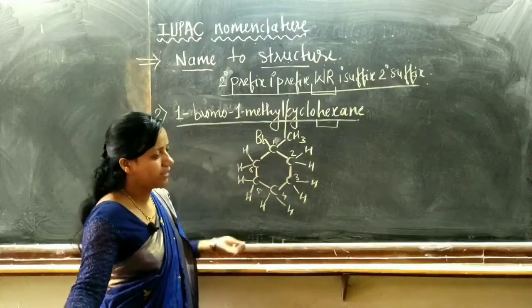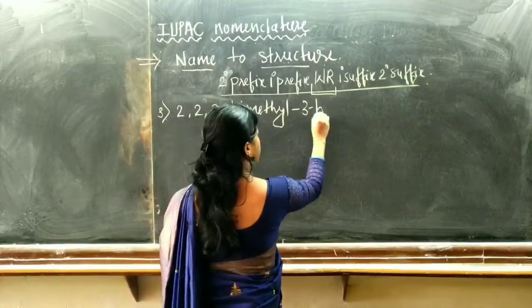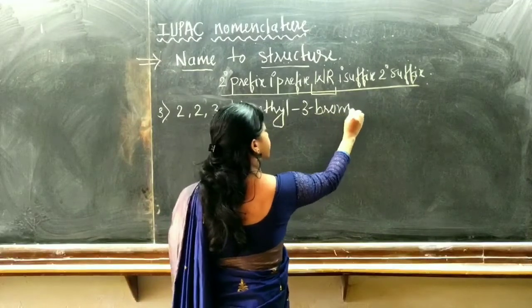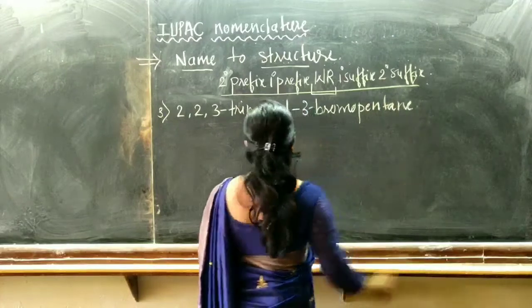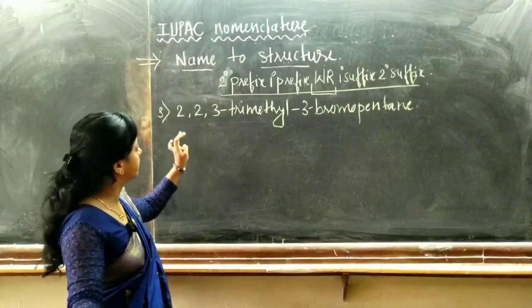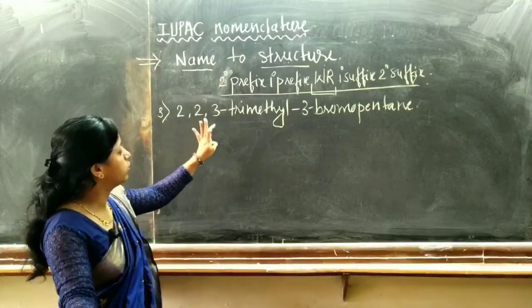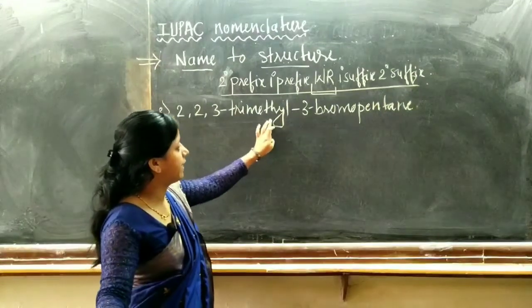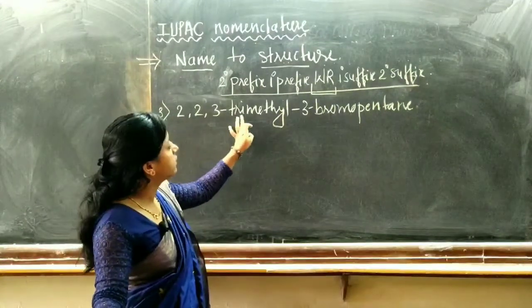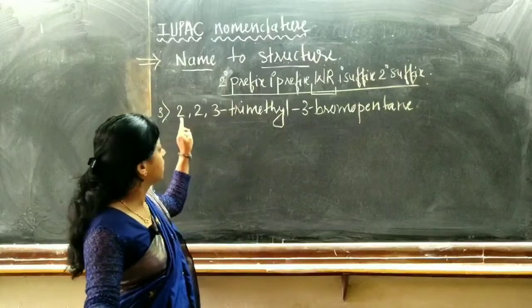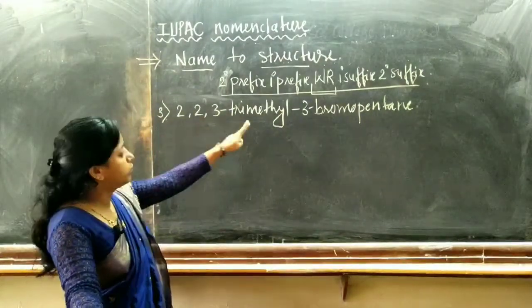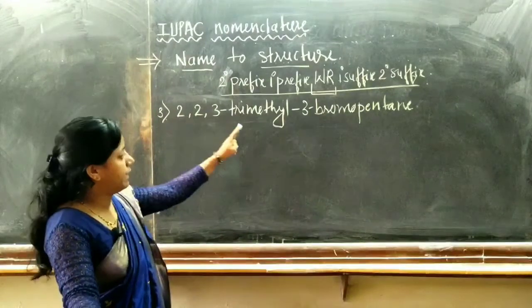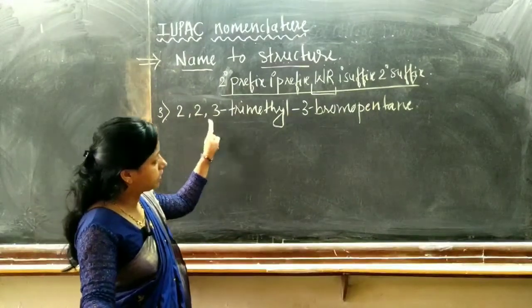Let us go for the third example, which is 2,2,3-trimethyl. It means there are 3 methyl groups: 2 methyl groups are attached to the second carbon and 1 methyl group is attached to the third carbon.